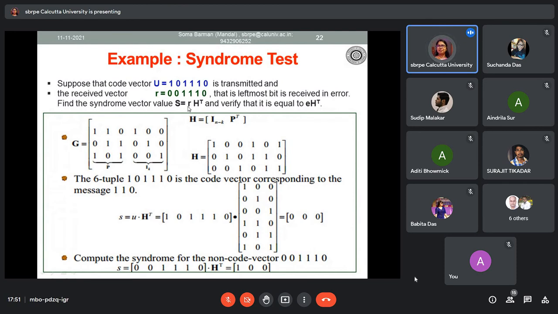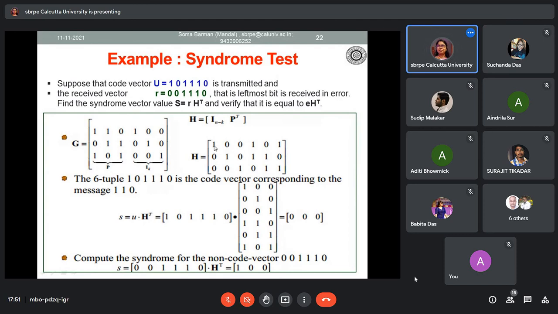So S is, we know, R H transpose. We have already generated the generator matrix G from the 3 basis vectors. So that is 1 1 0, 0 1 1, 1 0 1, and this is the I matrix. So the H matrix will be: the first part will be the I matrix, and this will be the P transpose matrix.